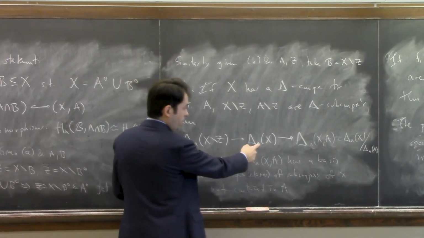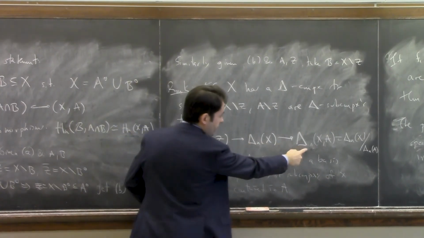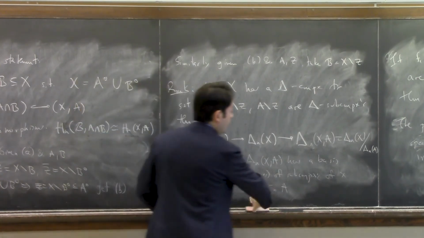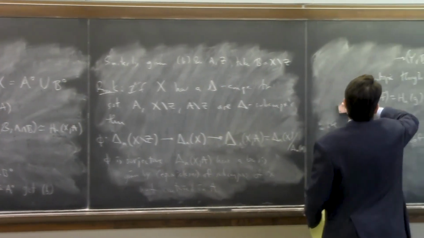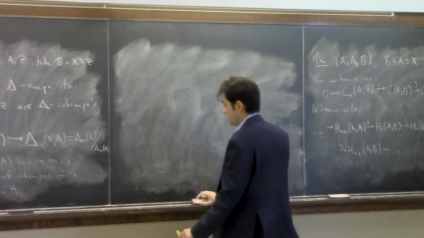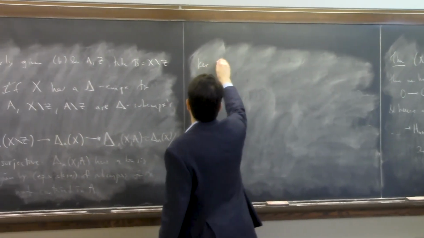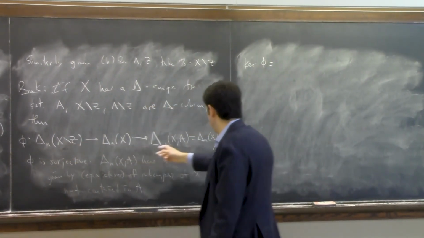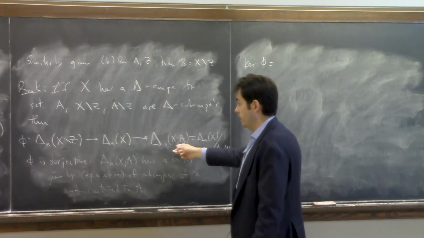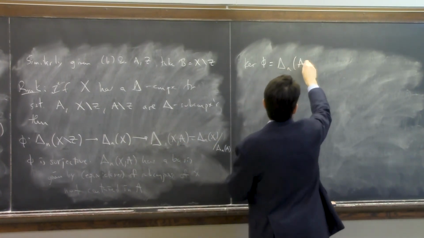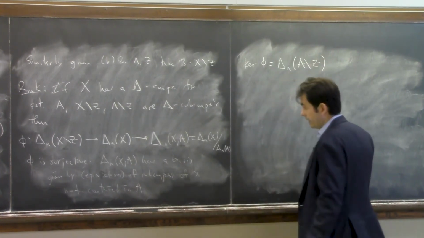And so, well, those subcomplexes are here, and so they certainly surject. On the other hand, the kernel is, well, things in here that die over here. So it's just going to be the things that are in A minus Z.